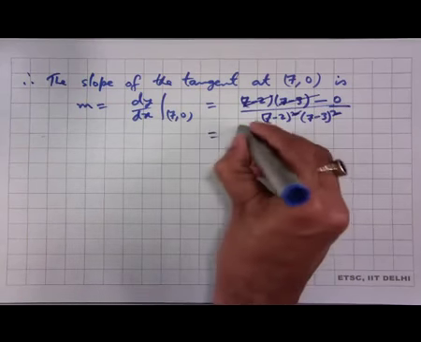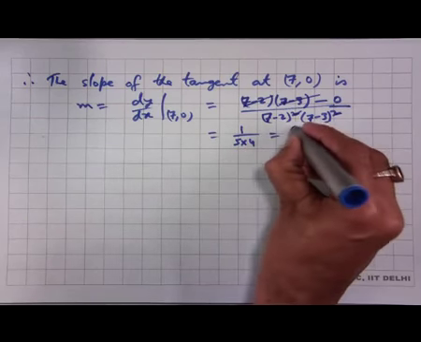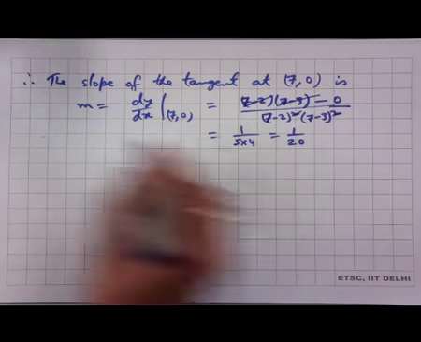So, this is 1 by 5 times 4, so 1 by 20. This is the slope of the tangent, and now we can easily write the equation.